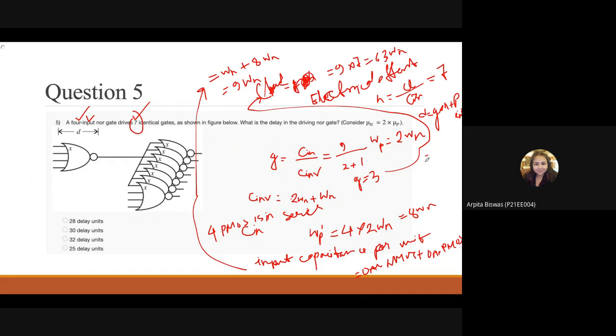So G into H, G is equal to 3, H is equal to 7, plus 4, the parasitic capacitance. What is the value of it? Tell me. 25, right? Is it clear? Yes, ma'am.